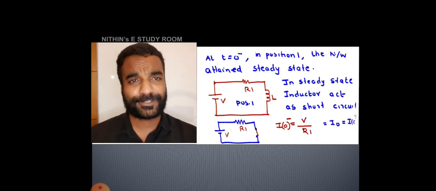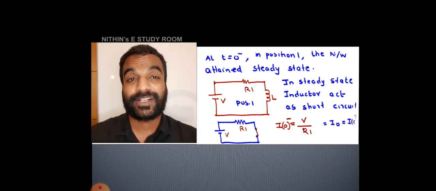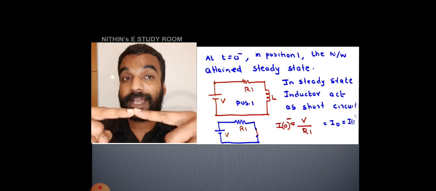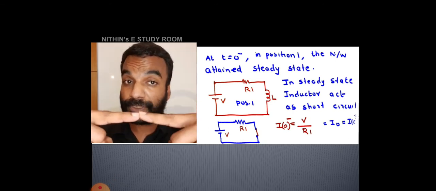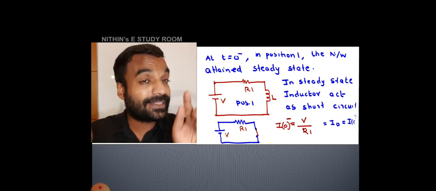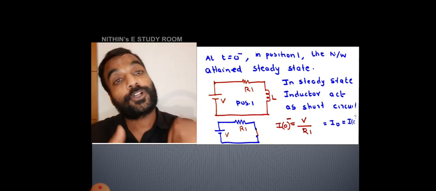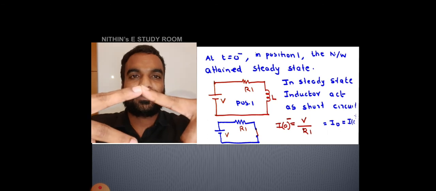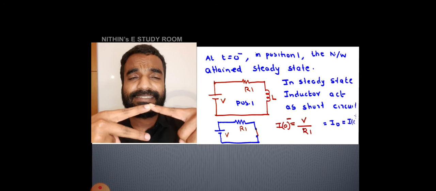At t equal to 0 minus, in position 1. What do you mean by 0 minus? Because at t equal to 0 we are going to turn the switch to position 2. At t equal to 0 you are going to move the switch to position 2, assuming that is the instant where steady state is already obtained for position 1. Just like this. Initially you are in position 1. You are waiting for sufficient time to reach steady state.